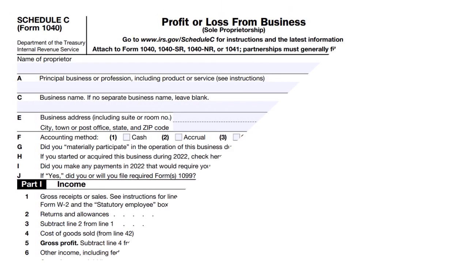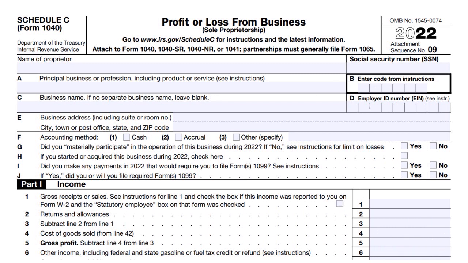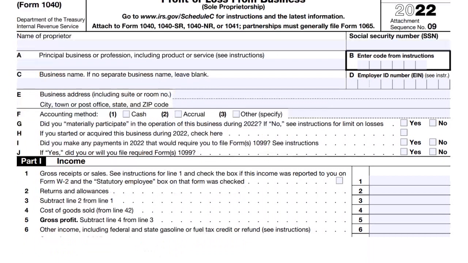Independent contractors are required to report their income on Schedule C of Form 1040, the profit and loss from business. For self-employment taxes on net earnings exceeding $400, that's the threshold here, $400, you must submit Schedule SE of Form 1040, which lists your income subject to self-employment tax. This is really important.